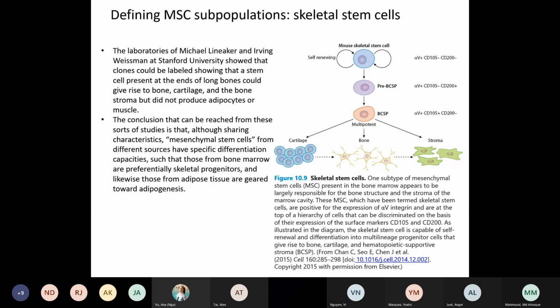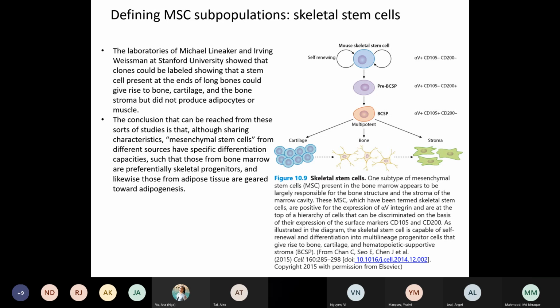These two scientists felt like they wanted to do something. As I said, this is a messed up field. People don't even like to call them mesenchymal stem cells. So they tried to figure out whether stem cells from different places are actually different.